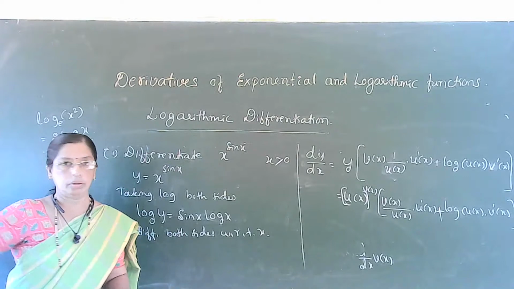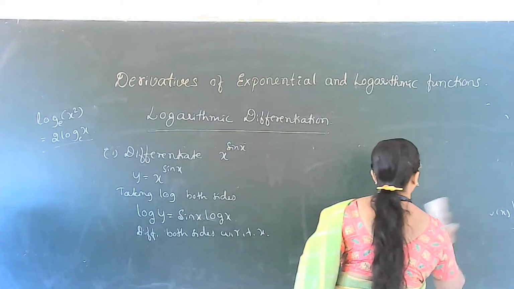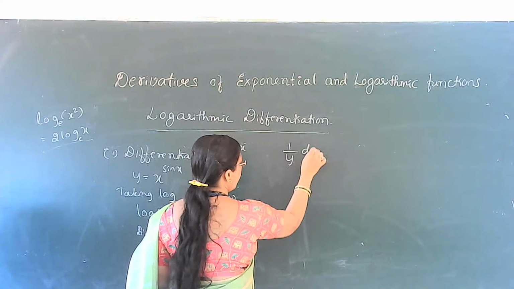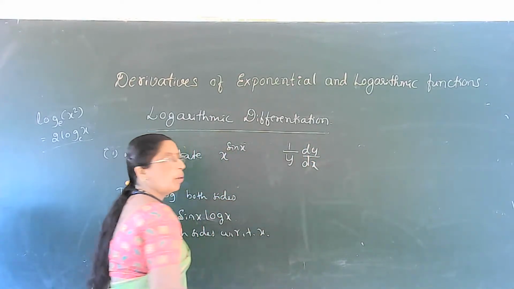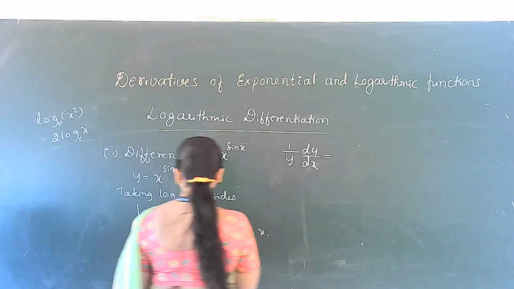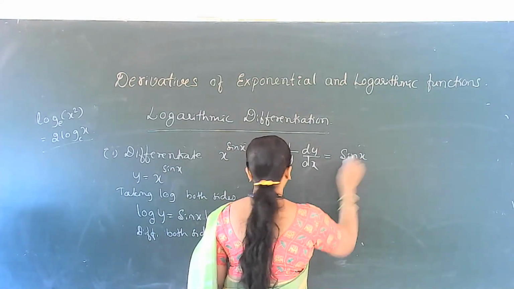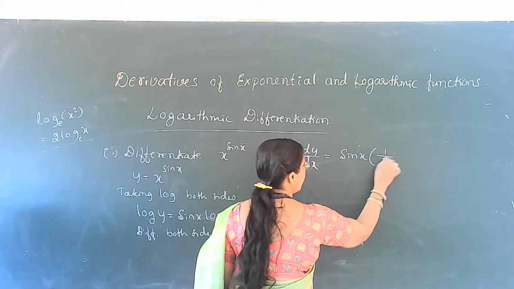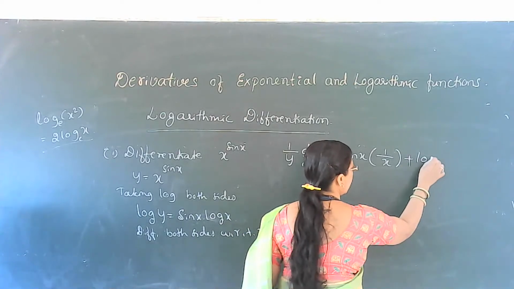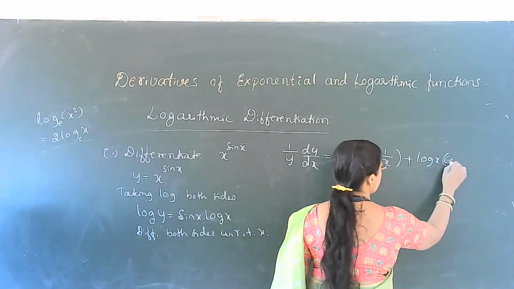Again, 1 by y dy by dx is equal to, it's a u into v, therefore sin x into the derivative of log x, which is 1 by x, plus log x into the derivative of sin x, which is cos x.